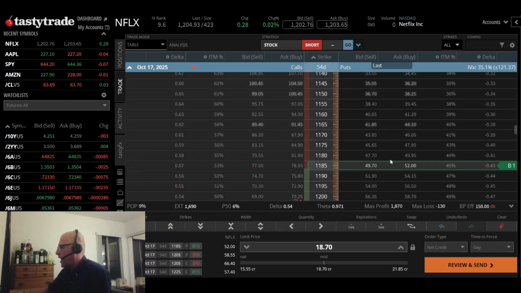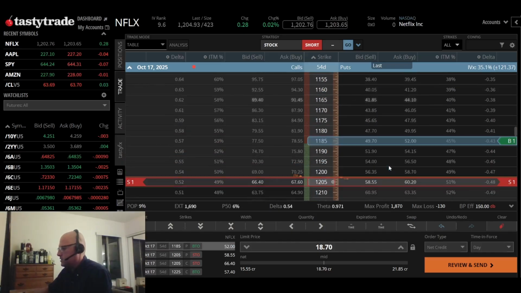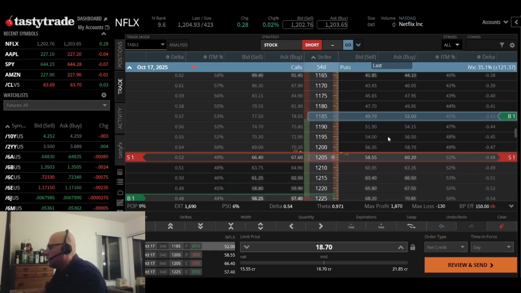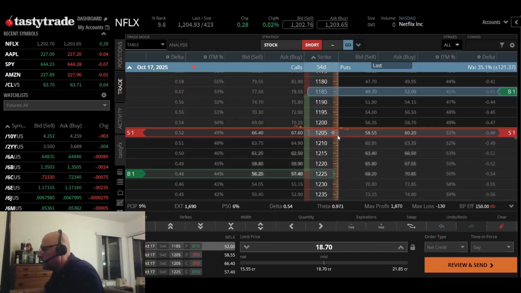You can always widen this, so you'd be taking more risk. Here we're collecting almost the full width of the spread. Remember, this is 30. Oops, when I readjusted it, I only adjusted it to 20. I wanted to be $30 wide. So that's $11.85, and $30 higher is 1235.